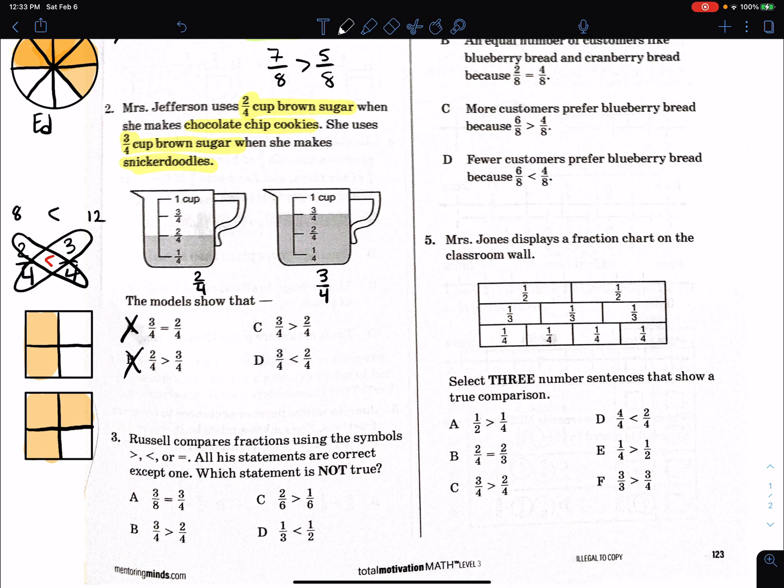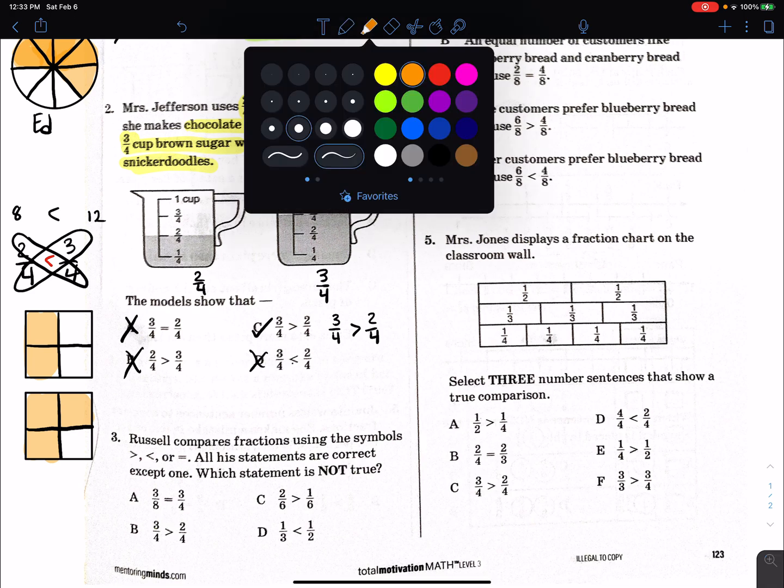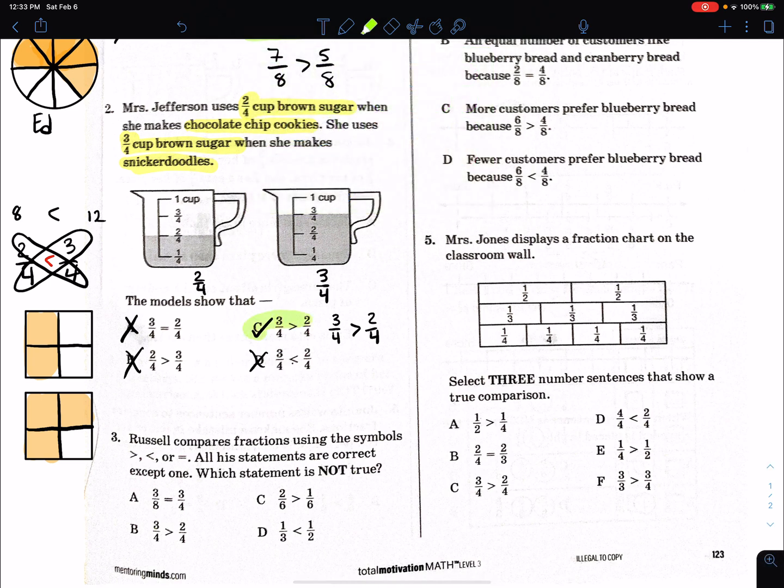Well, I think that's correct, because if I flipped my cross multiplication around, I could have 3/4 is greater than 2/4. So I think this one might be correct. Or I have 3/4 is less than 2/4. Well, I have 3/4, so I know that one's not correct. So I know my correct answer is going to be letter C. 3/4 is greater than 2/4.